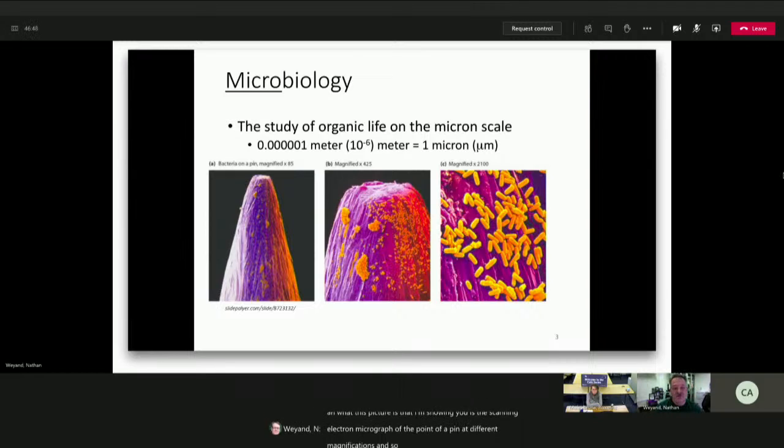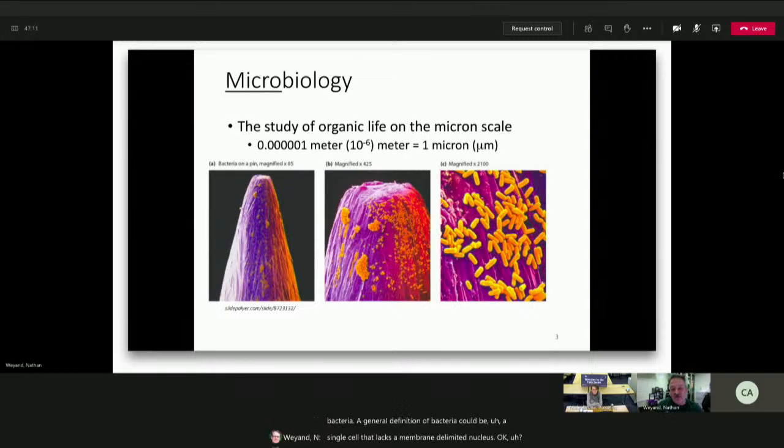As you go from left to right, you can see these orange cells appear, and these are bacteria. They're rod shaped. This is a very common shape for bacteria. A general definition of bacteria could be a single cell that lacks a membrane-limited nucleus.